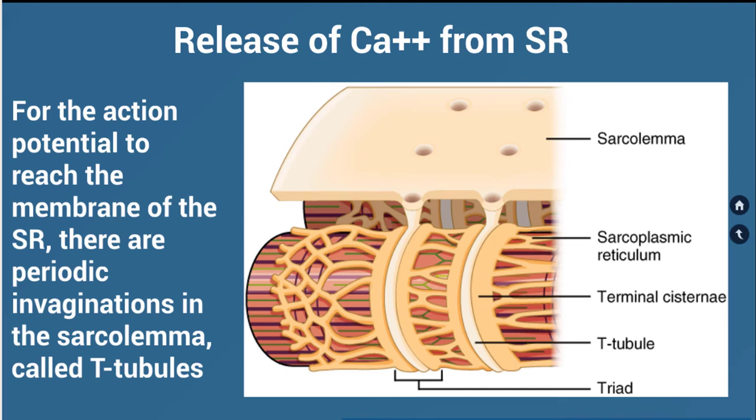The T-tubule carries the action potential into the interior of the cell, which triggers the opening of calcium channels in the membrane of the adjacent sarcoplasmic reticulum, causing calcium to diffuse out of the sarcoplasmic reticulum and into the sarcoplasm. It's the arrival of calcium in the sarcoplasm that initiates contraction of the muscle fiber by its contractile units, or sarcomeres.